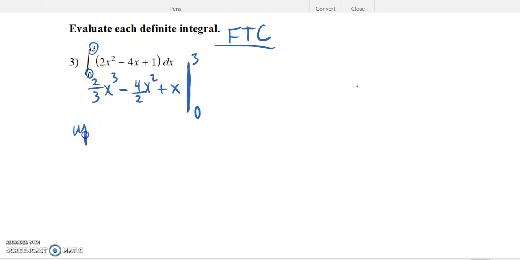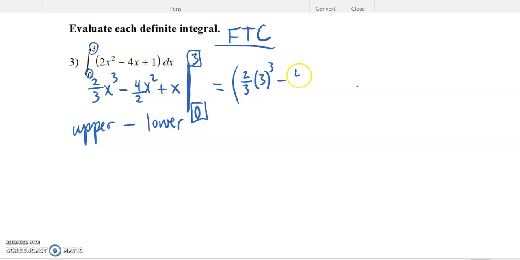And it's always the upper bound minus the lower bound. Upper being 3, the lower being 0. So doing this, I'll have 2/3, insert my upper bound, cubed, minus 4/2.